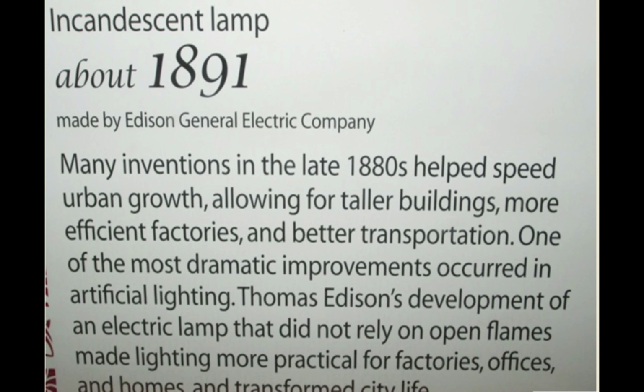All right, so 1891 was basically the time where that started to transform what we did, where we weren't relegated to doing things only by daylight, and we could go into buildings and utilize the interior of buildings until later hours in the day, to speed up production, to build more things, and it was almost like an industrial revolution here in the U.S. as well.